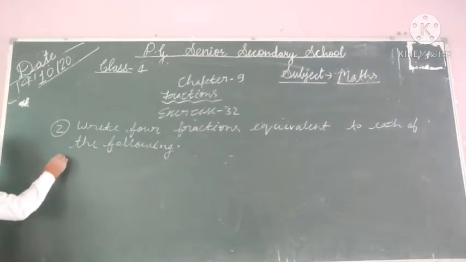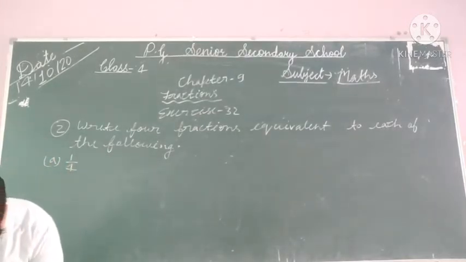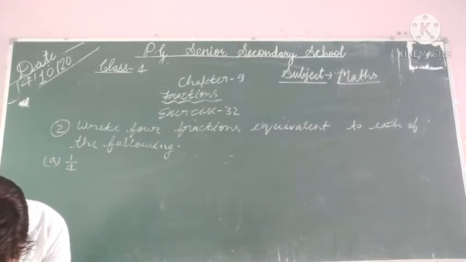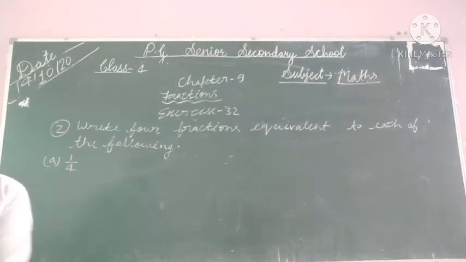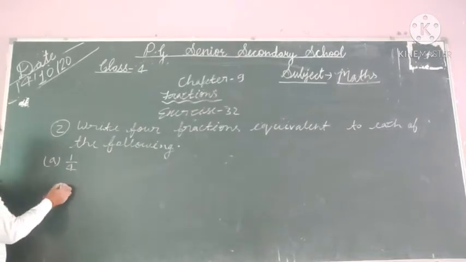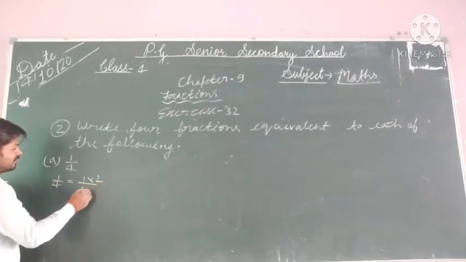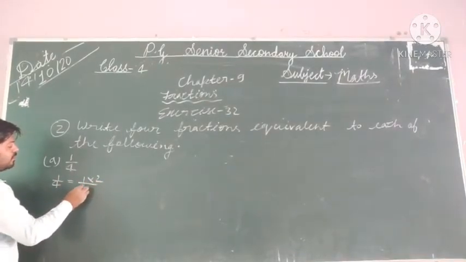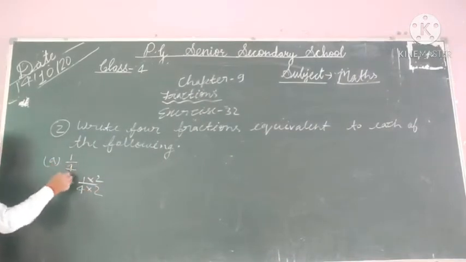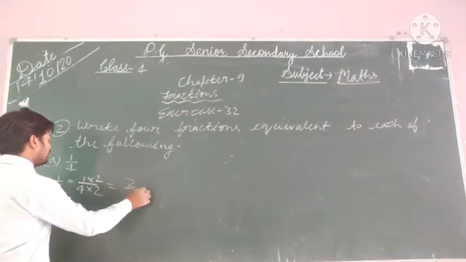The first question is 1/4. The first fraction is given here. Now you multiply it by 2. First you multiply numerator and denominator of this fraction by 2. How much will it be, beta? 2 into 2 and 4 into 2, that is 2 upon 8.